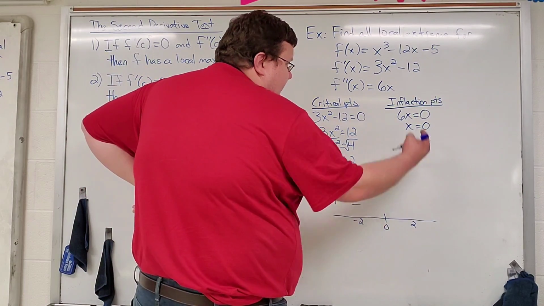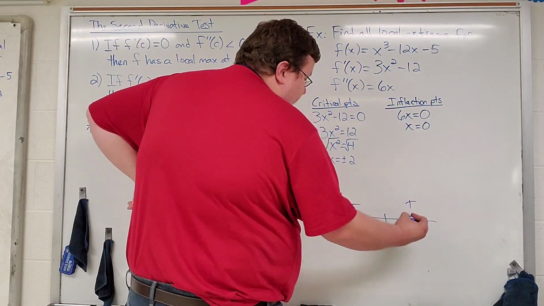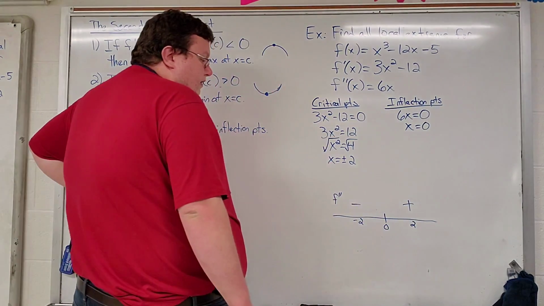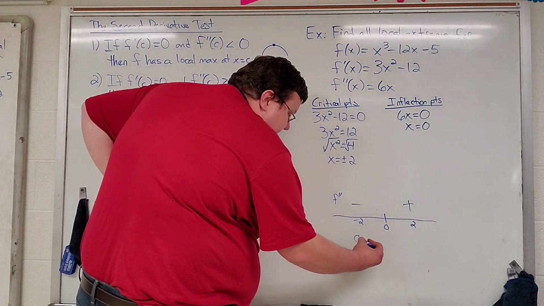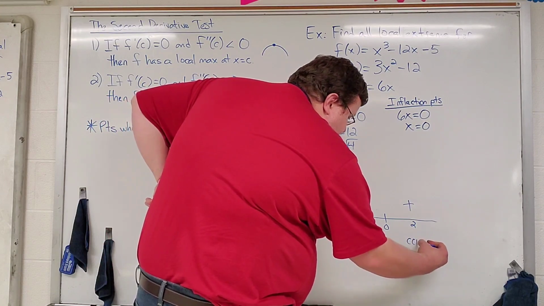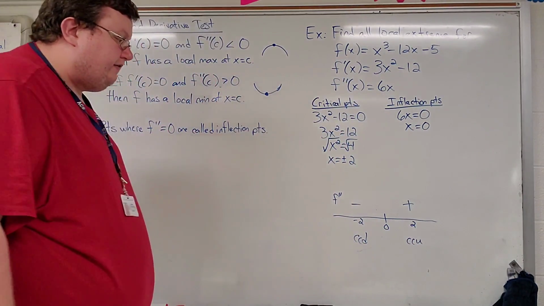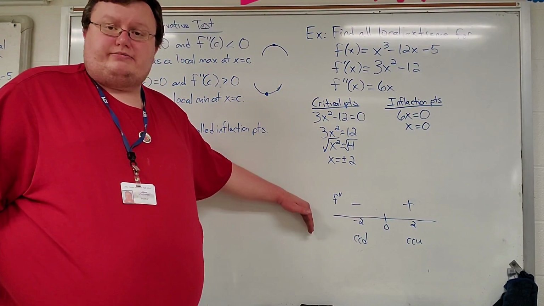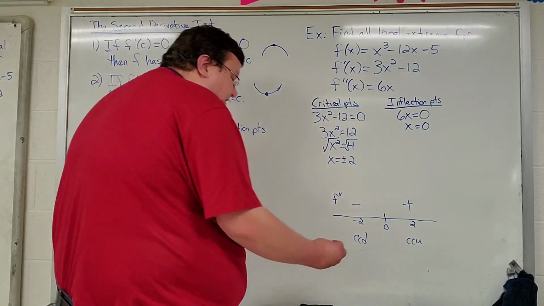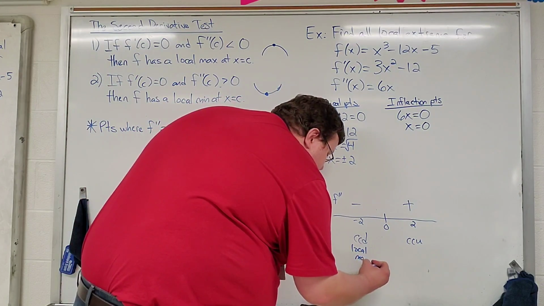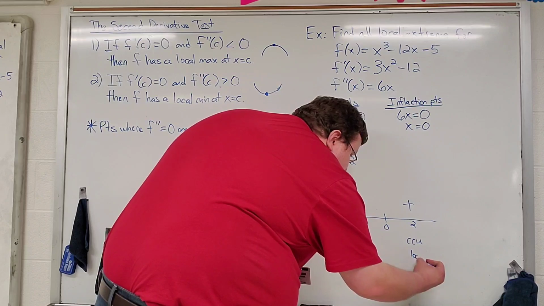And we put positive 2 in that, we get a positive number. So it's concave down at negative 2 and it's concave up at positive 2. And if it's concave down at negative 2, that means that we have a maximum there. So we have a local max here. And we have a local min there.